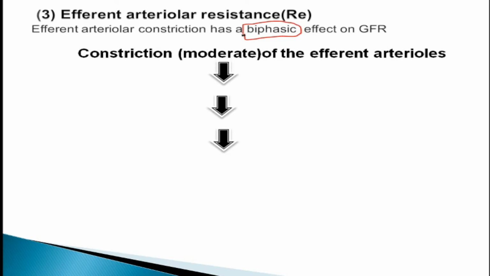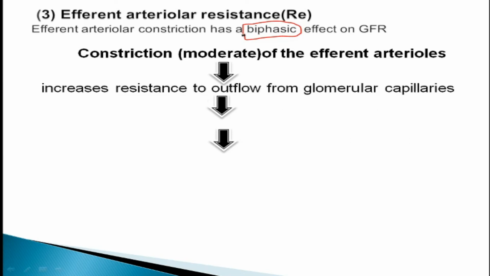If the efferent arteriole is constricted to a moderate degree, what will happen? This will increase the resistance to the outflow from the glomerular capillaries. So if there is constriction of the efferent arteriole to a moderate degree, such that it is not completely obstructing the outflow, what will happen?